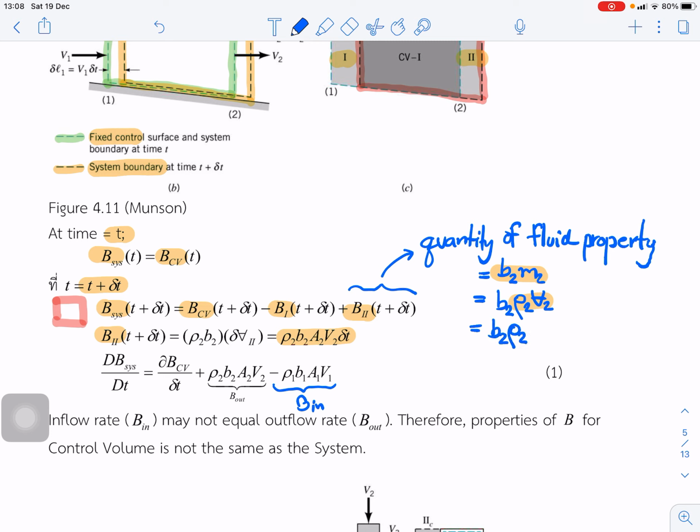For volume we can use Q2 times dt, because the discharge is the volume per unit time. Then Q can be converted to velocity V2 times area A2. That is how we get the equation B2 rho 2 V2 A2 times dt.